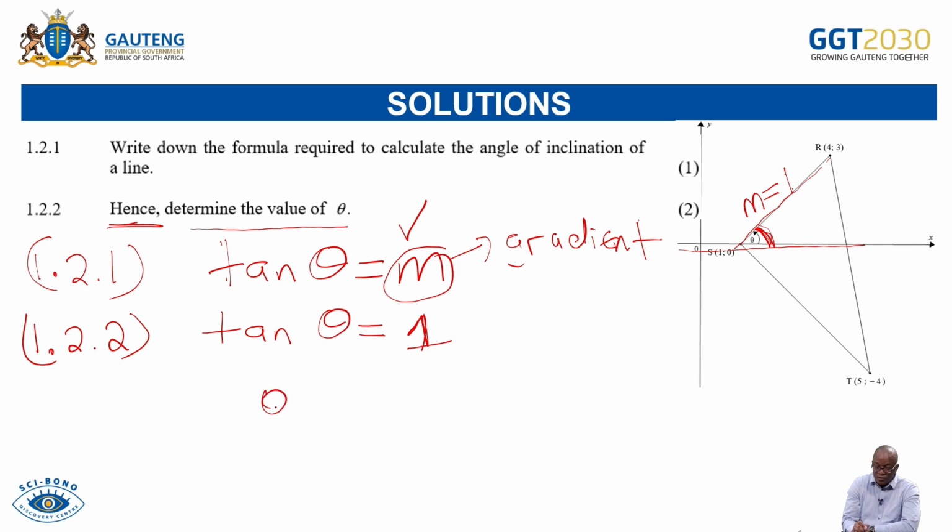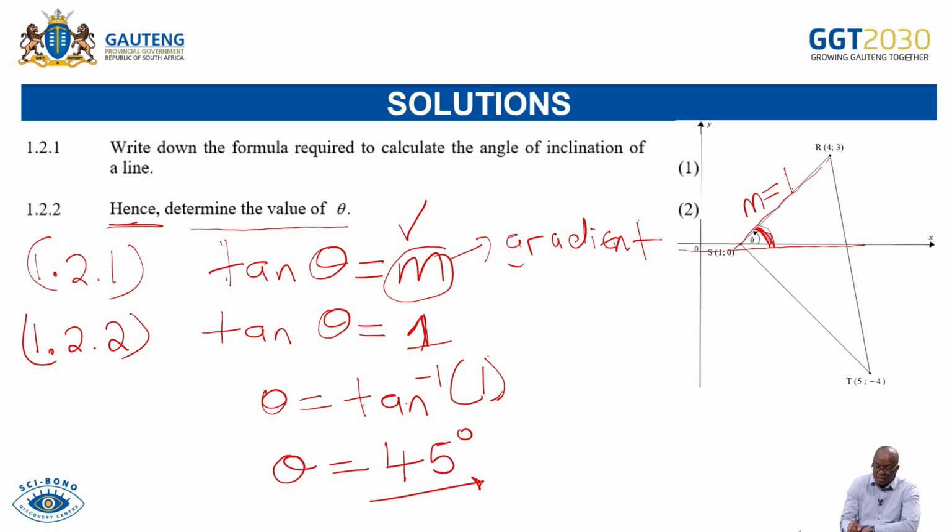Then your theta is going to be the arctan of positive 1. If you punch in the arctan of positive 1 on your calculator, you're going to get the angle as 45 degrees.